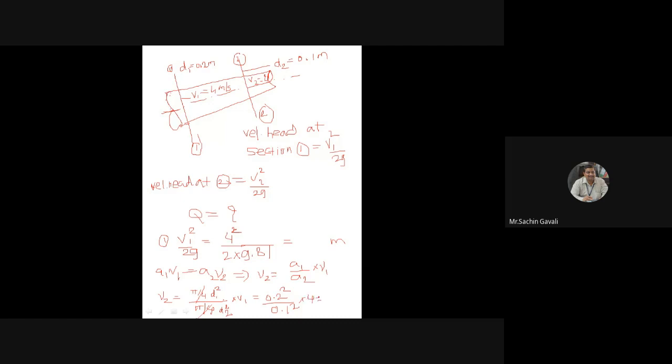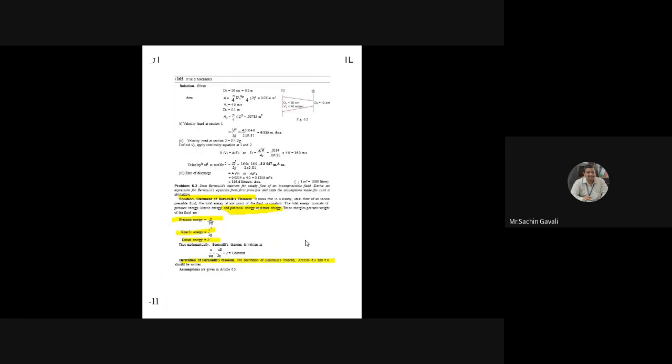How much is it coming now? V2, somebody can tell. V2 is coming as 16. And V1 square upon 2G, somebody can tell. That I have not calculated.